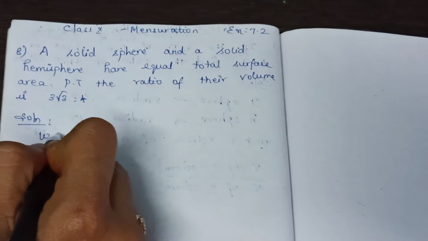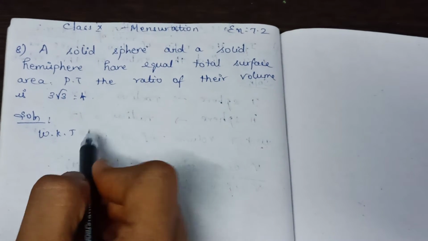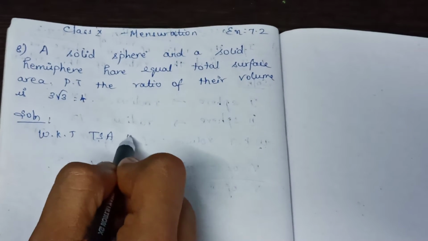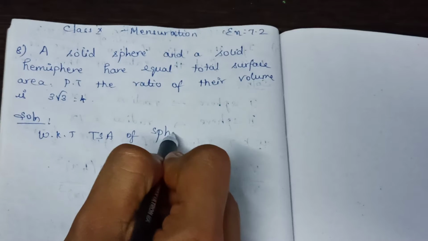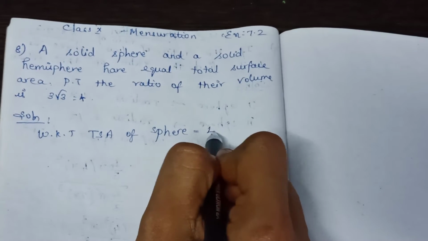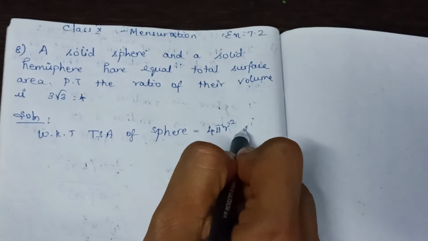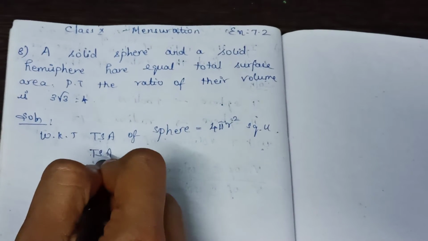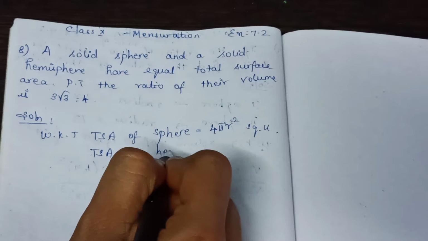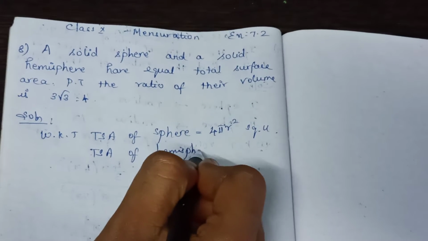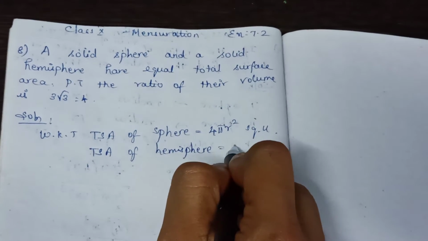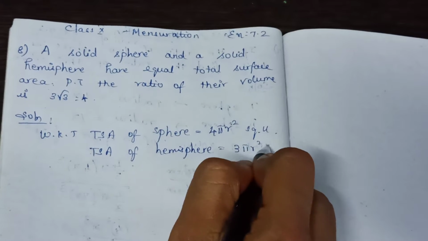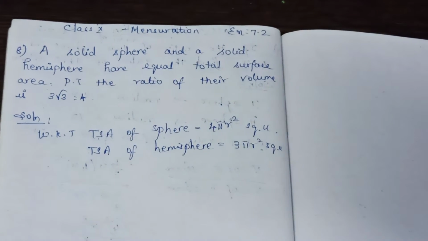So first let us try the formula for that. So we know that TSA of sphere equal to 4 pi r squared square units and TSA of hemisphere equal to 3 pi r squared square units.